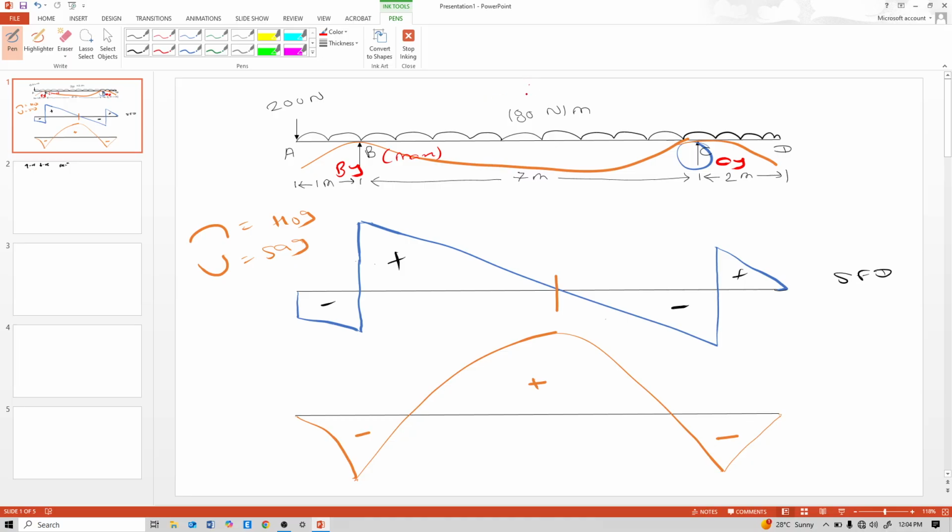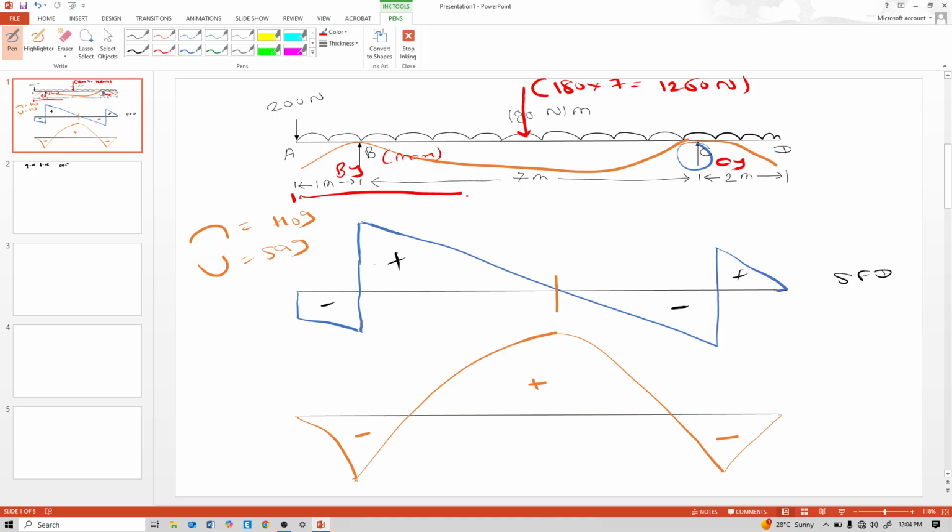So it is 180 multiplied by 7. 180 multiplied by 7 is 1260 Newton, and it acts at the center of this total length of the beam. So that means this is 5 meter from A and 5 meter from D. So minus 1260 minus 200, because this 200 is also downward.